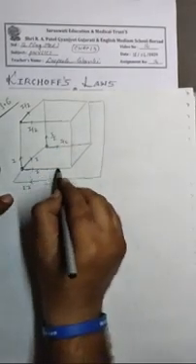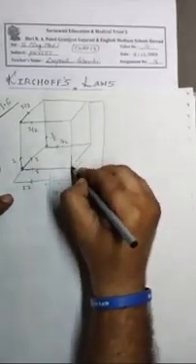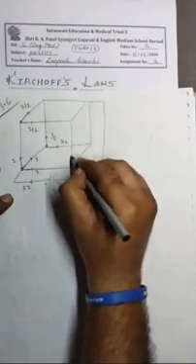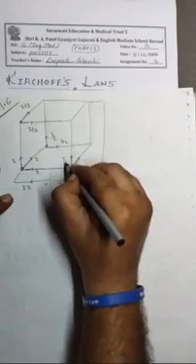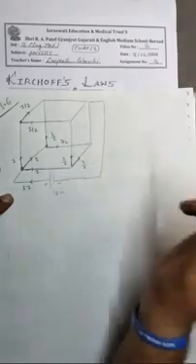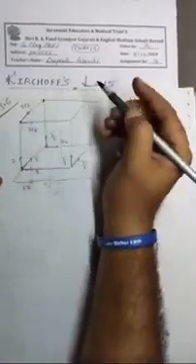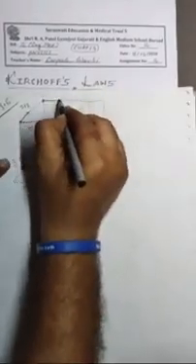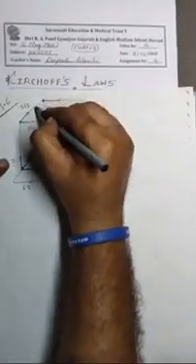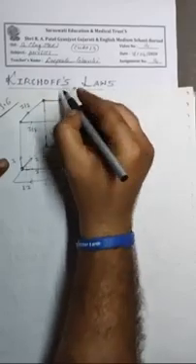For this, electric current is divided into again 2, that is here I by 2, I by 2. So 2 currents meet here, I by 2 and I by 2. So it will become I.